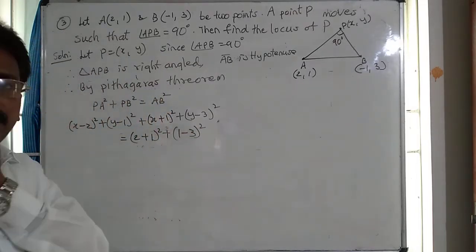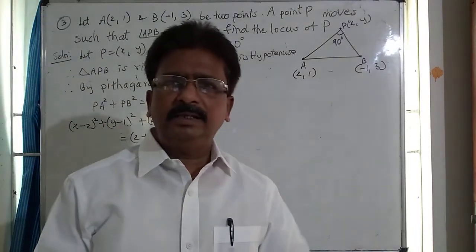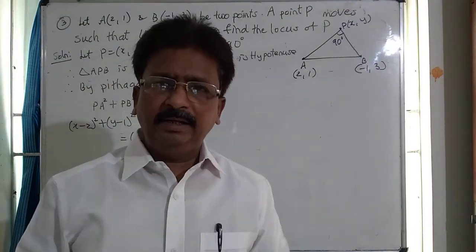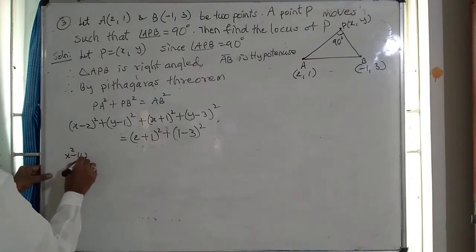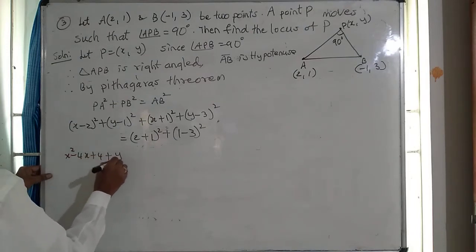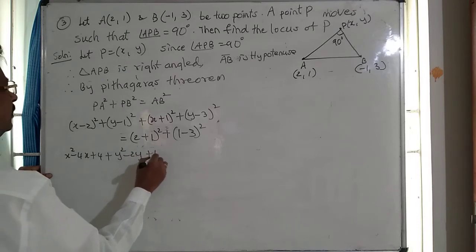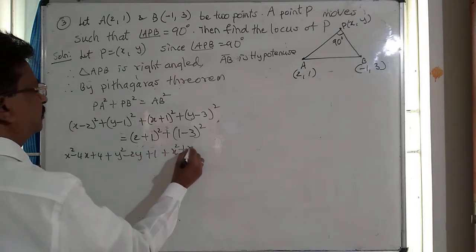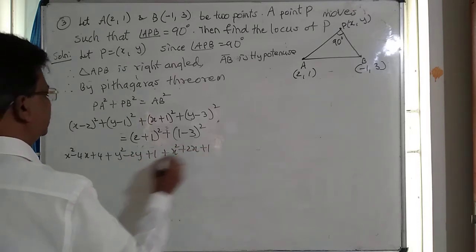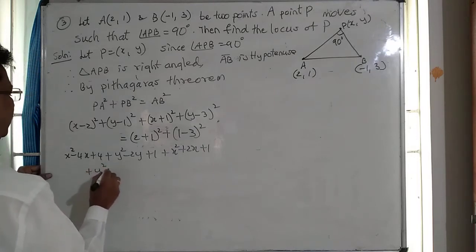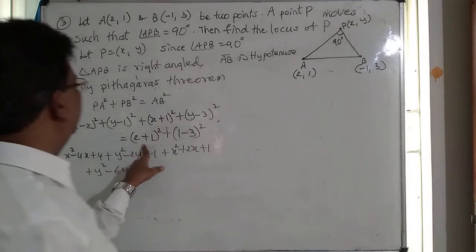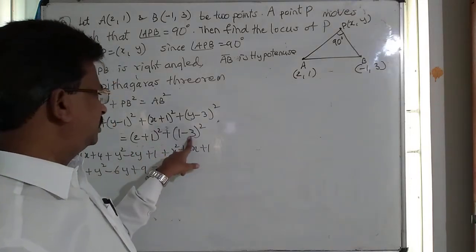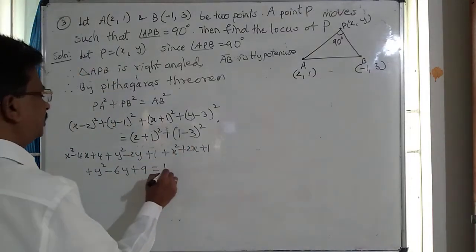Okay, so let us expand each one in a plus b whole square or a minus b whole square form. So x square minus 4x plus 4 plus y square minus 2y plus 1 plus x square plus 2x plus 1 plus y square minus 6y plus 9 is equal to, this is 9, 3 square 9, this is 4, 9 plus 4, 13.